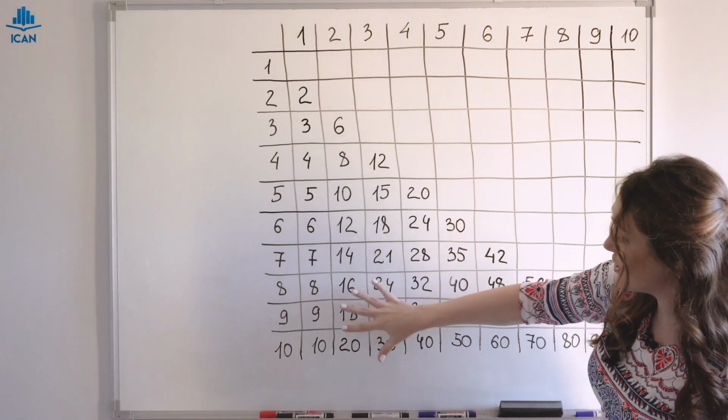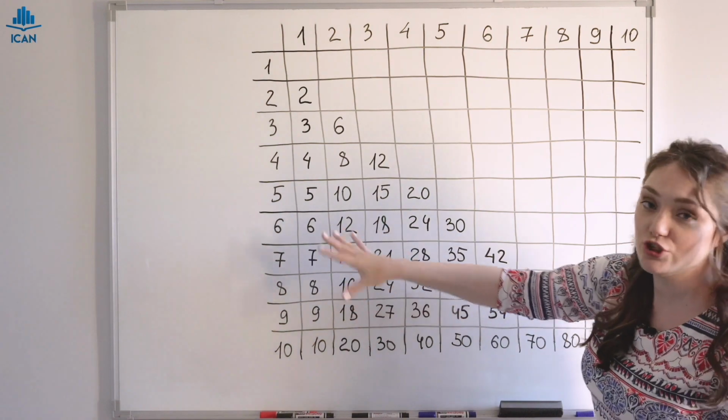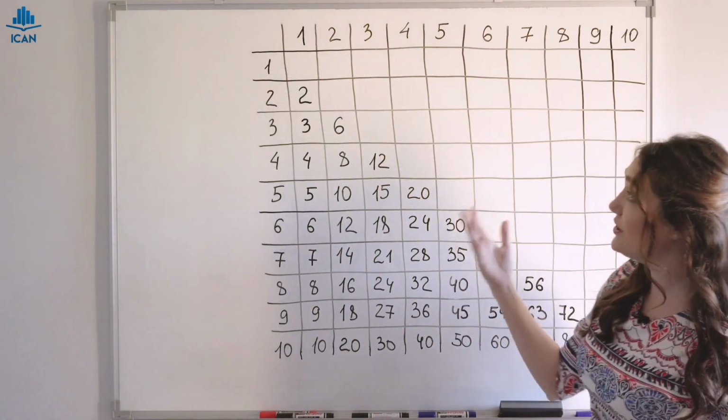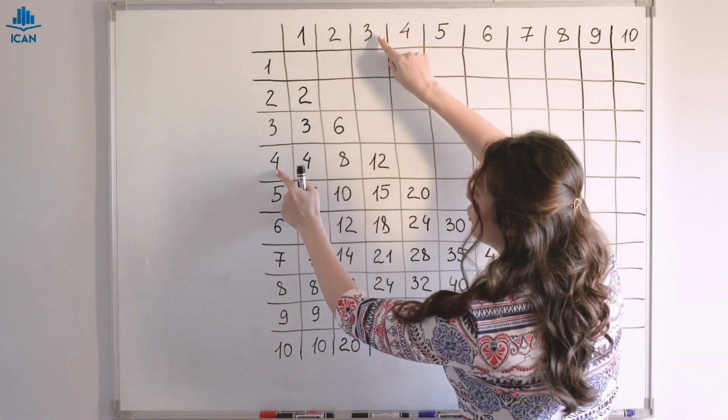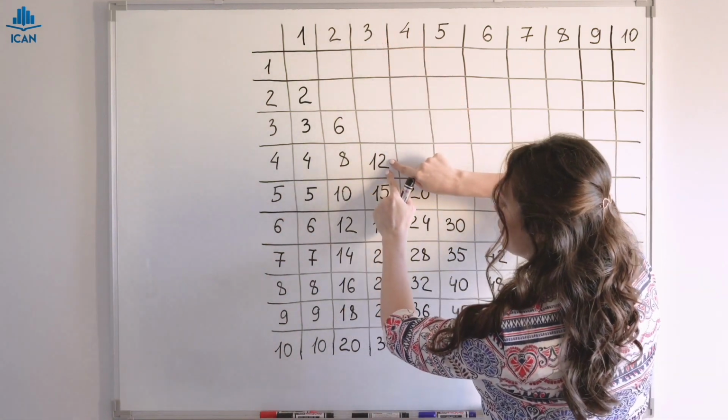Today we'll tackle the part where there's nothing now, but actually it is mirrored. That is, these are the same numbers with the exception of this diagonal, which is the multiplication table.